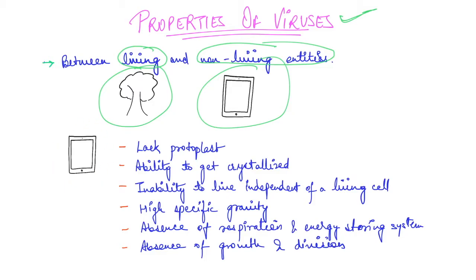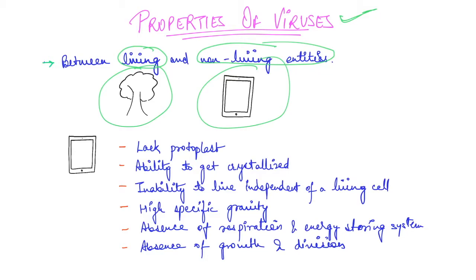Okay, so you should remember some of the points as pointers, as it is important from exam point of view. So it is similar to non-living entity in the respect that it lacks protoplast. Protoplast is not present in viruses.